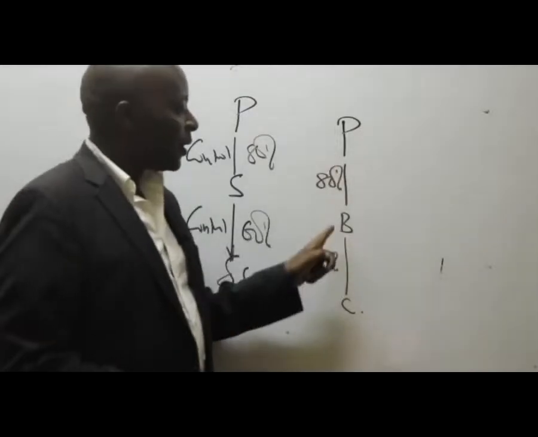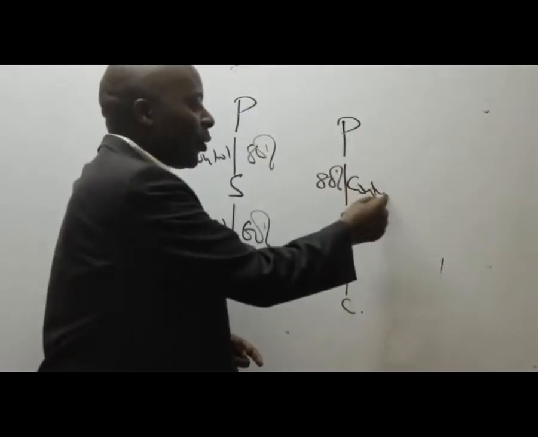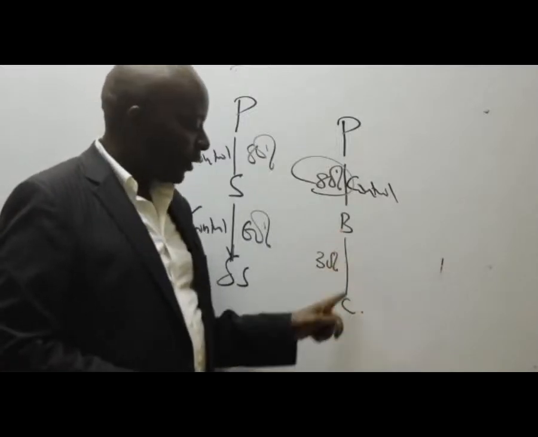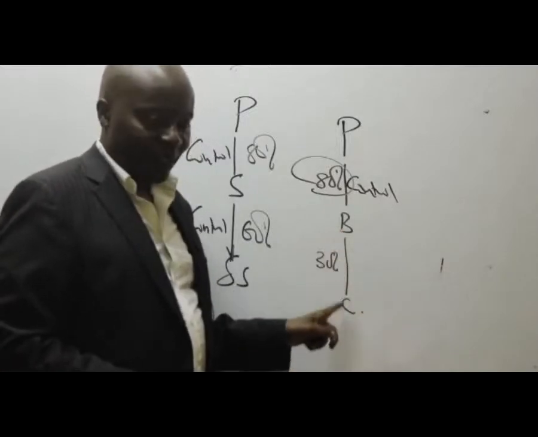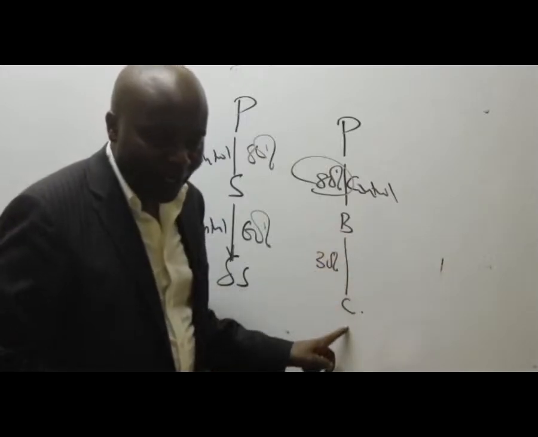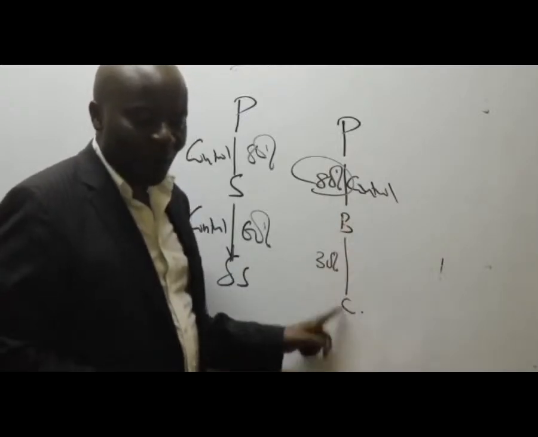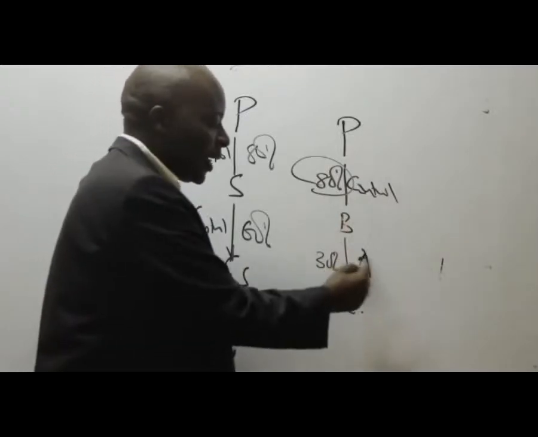So this one, automatically I'm able to see control because of 80%. How about this one? Is there control? No control. So this becomes an associate.